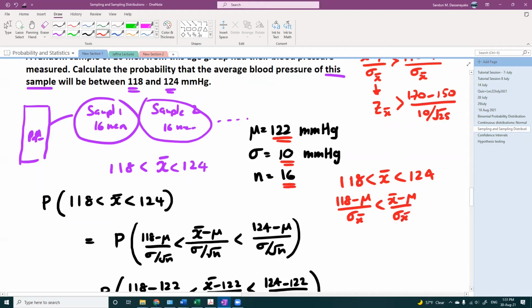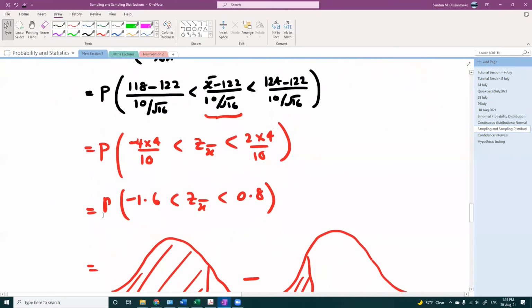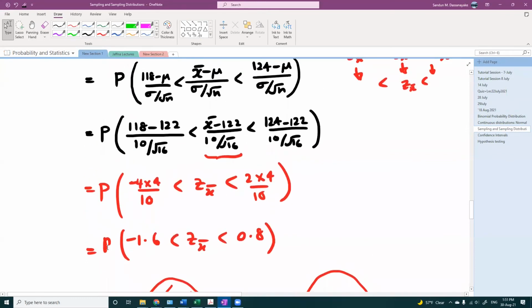These are positive values, therefore the sign does not change. So 124 minus mu divided by sigma x bar. You know that this is going to be a z value, and you calculate this one and this one. In this case, I got P, the probability of Z being greater than negative 1.6 and less than 0.8.